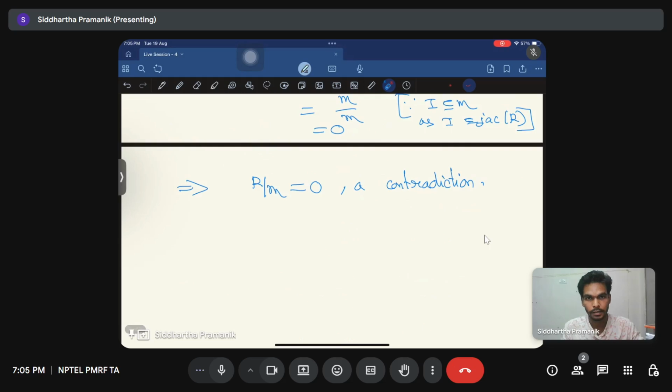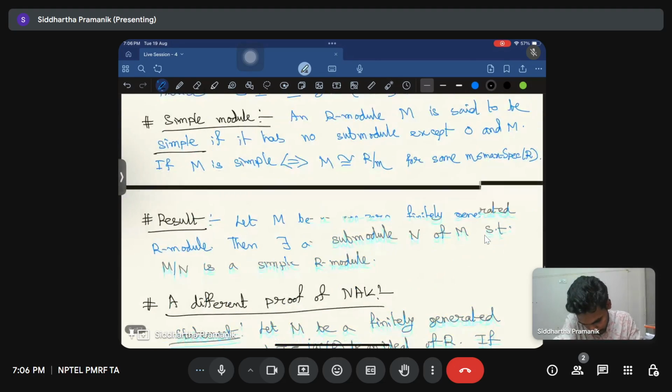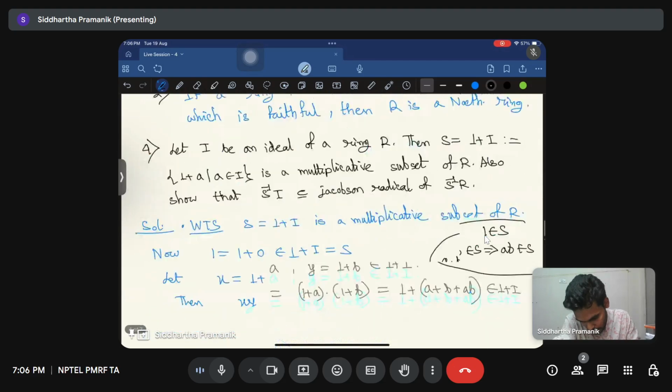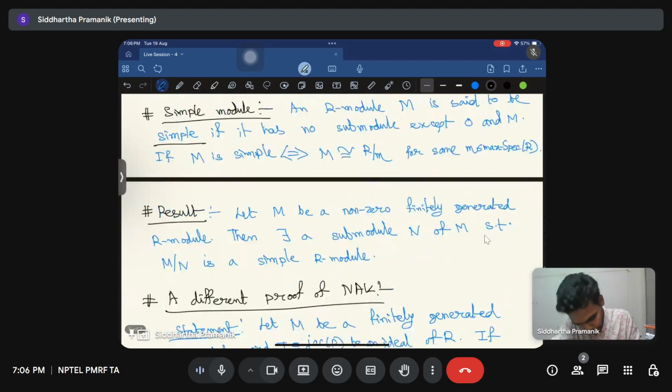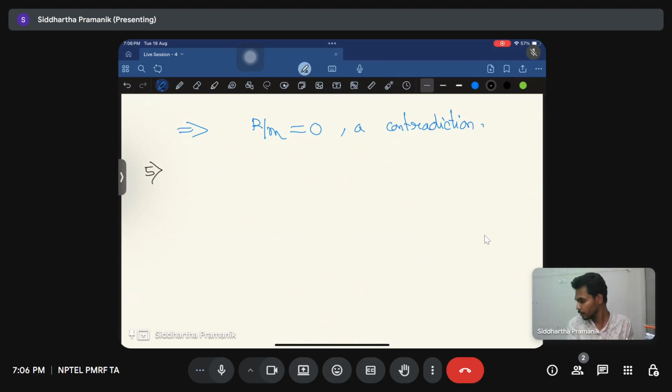So let's see one more application of this Nakayama's lemma. We have not given any number to this problem. Earlier was 4, so it will be problem number 5. This is also from the practice problem set.